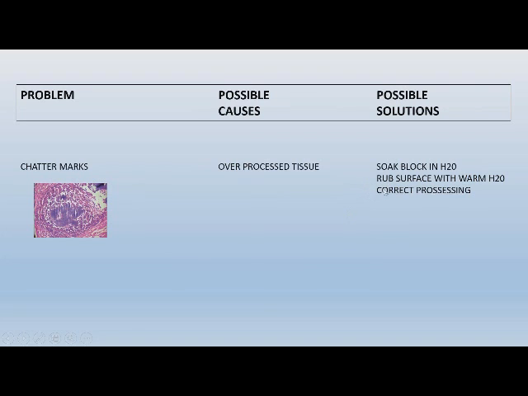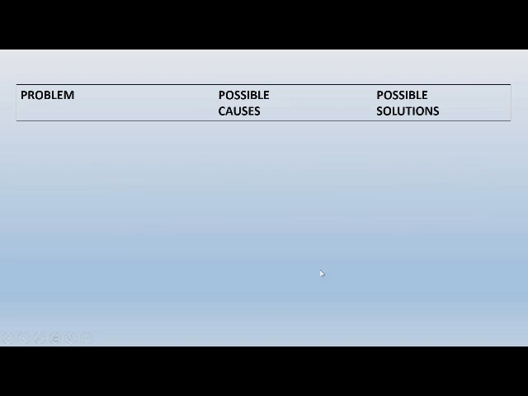So we might soak, we might rub the surface with some warm water, correct the angle, but honestly, correct processing is what's going to actually fix this problem. Dull knife edge, I mean, we can put all of these on here, but over-dehydration is a processing problem, not a microtomy problem.